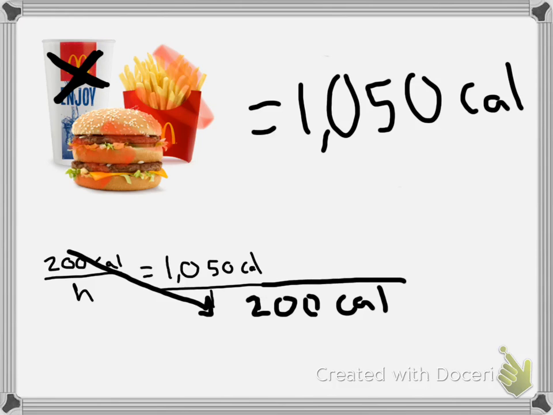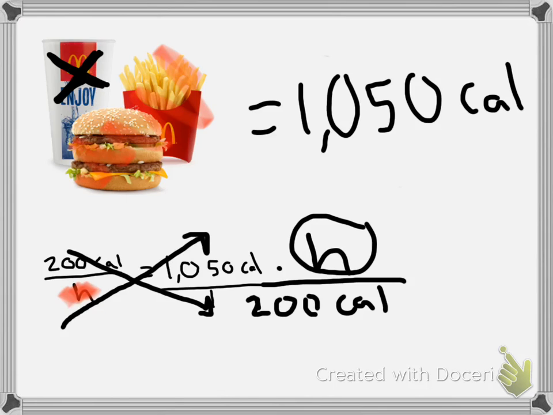And then 1,050 calories, and we're just going to cross multiply that with the hours, and that is a variable. Remember, it's a letter, so anytime we have a letter without a number in front of it, that's going to be our variable, and that's what we're solving for. So we have 1,050 calories times this variable, which is hours, and that's what we're solving for right there.